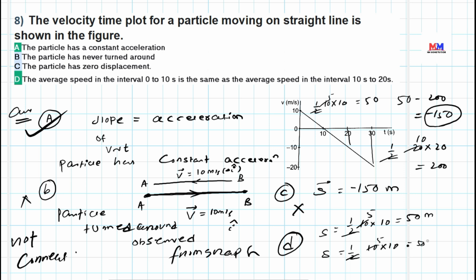So the average speed in the interval 0 to 10 is the same as the average speed in the interval 10 to 20. Yes, this option is correct. So option A is correct and option D is correct. So both the options are correct.